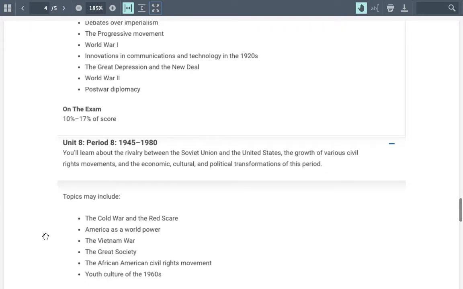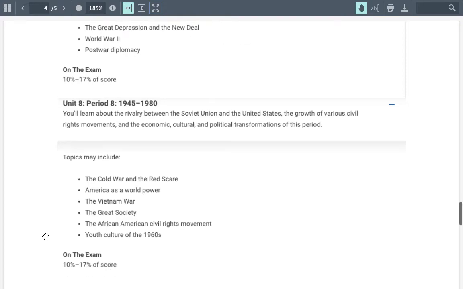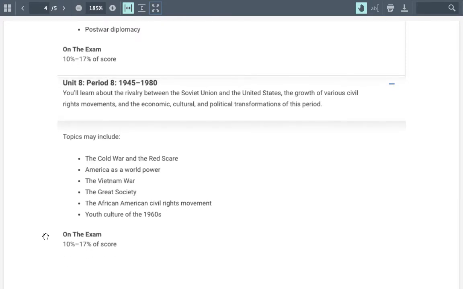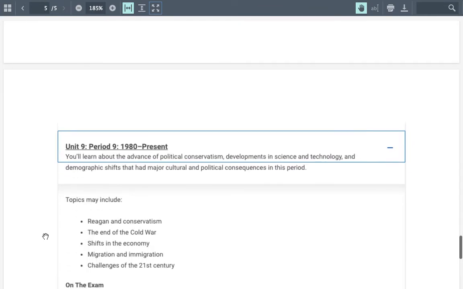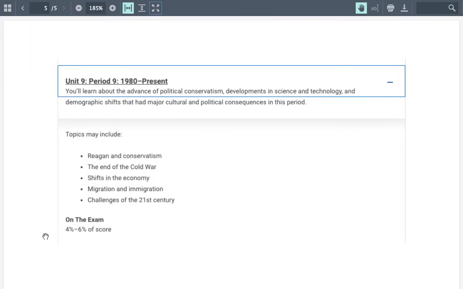This is the Cold War and the Red Scare, the Great Society, youth culture of the 60s, 10 to 17%. Unit 9 is 1980 to the present, so everything else, Reagan, the end of the Cold War, and challenges of the 21st century. And it goes back to being a small percentage again, 4 to 6%.